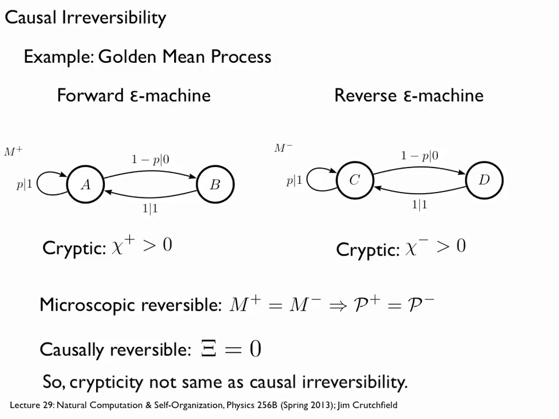So the crypticity doesn't completely drive this irreversibility. In the previous example we had 0 crypticity, and this one had positive crypticity, and they're both trivially reversible, both microscopically and causally. But we'll see when we calculate the reverse machine on Thursday, I think, that the golden mean case is interesting and distinct from the even.